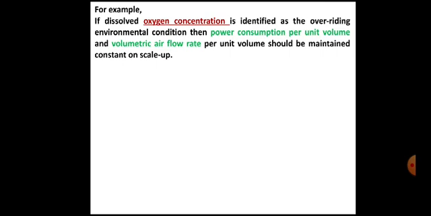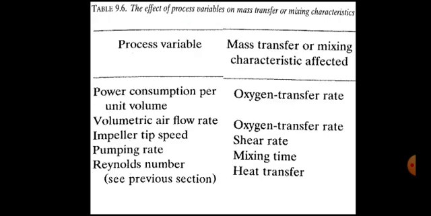Then power consumption per unit volume and volumetric airflow rate per unit volume should be maintained constant on the next scale also. How have we come to this statement? Based on oxygen transfer rate.